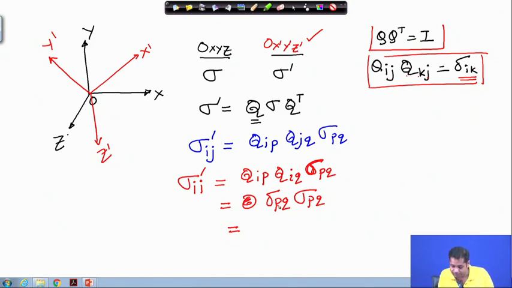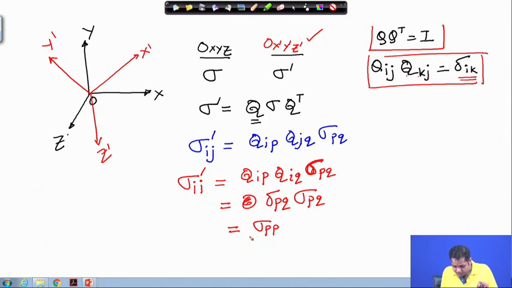Here p is repeating and q is repeating, which means it will be a summation over p and a summation over q. P takes values 1, 2, 3 or x, y, z, q takes values 1, 2, 3 or x, y, z. So, we have many components here, but all will not be non-zero. Only non-zero will be when p is equal to q, which means it will be sigma 11 plus sigma 22 plus sigma 33, or sigma xx plus sigma yy plus sigma zz, which can be written in index form as sigma pp, when p is equal to q.